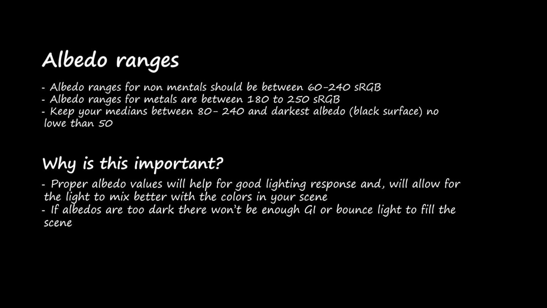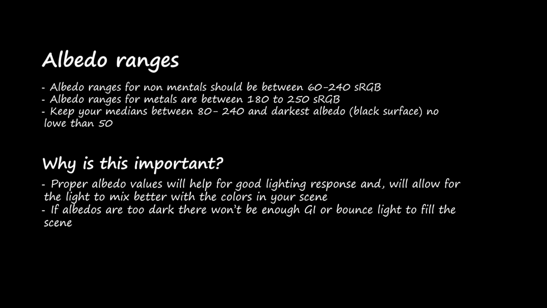The problem with that is that the lighting is going to have a much harder time to react to it, because there's already so much color influence in your materials that the lighting is going to have a very, very hard time to be able to create either enough bounce light or global illumination, right?